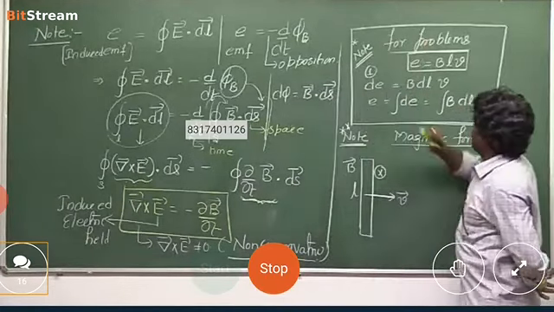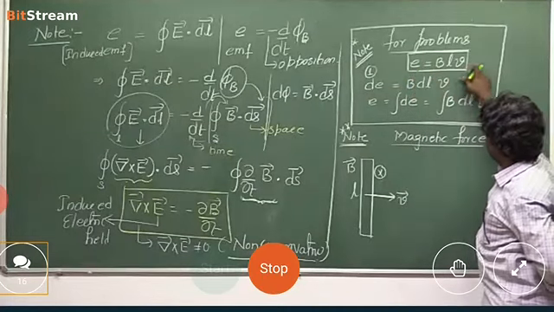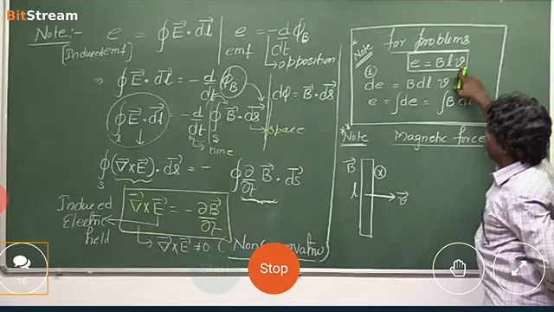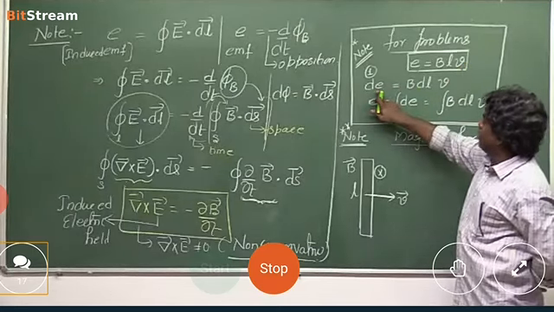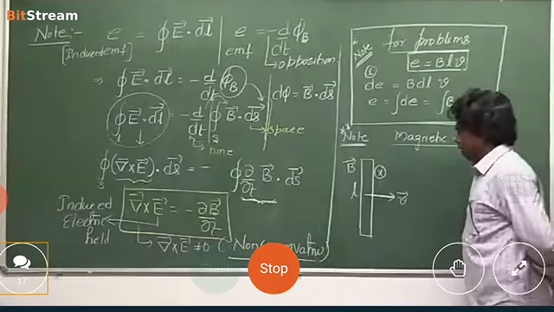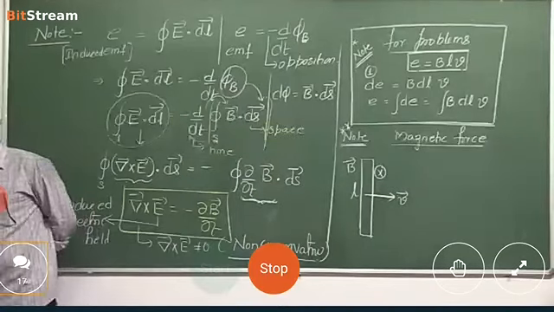First note is clear. This is the motional EMF or induced EMF, BLV, because it is in motion. Whenever you are dealing with the problems, you have to take an elementary element and after that integrate, you know. And the next one, magnetic force. Ready?